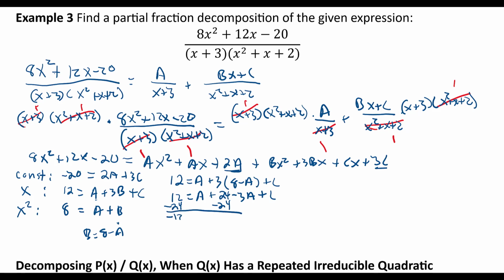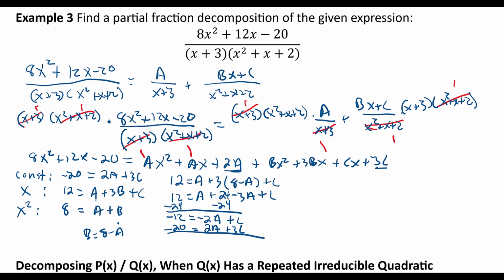So negative 12 equals A minus 3A is minus 2A plus C. Oh, look at that. That works out nicely. And then we have minus 20 equals positive 2A plus 3C.